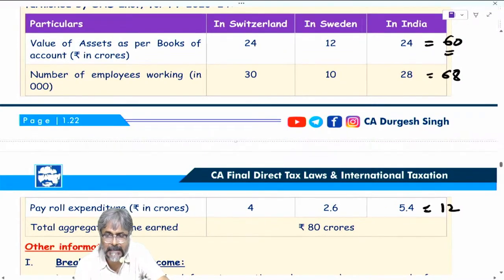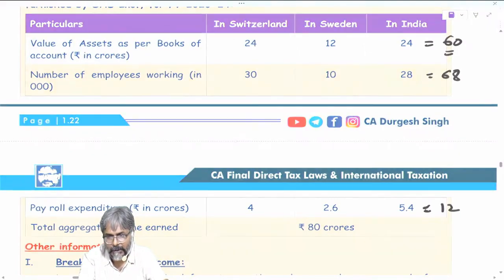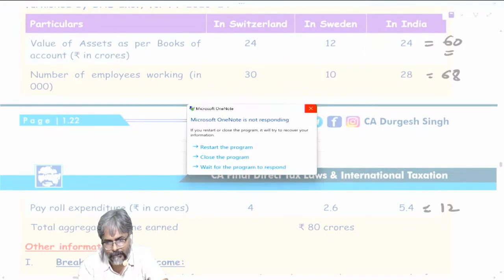So outside India, we are convinced. Let's see whether the business is active in India or not. That is the point. So if you see over here, the total aggregate income has been given to us as 80 crores. Now what we require is the bifurcation, students.